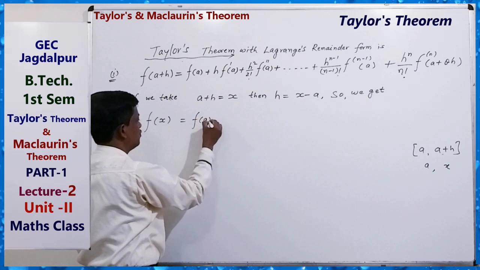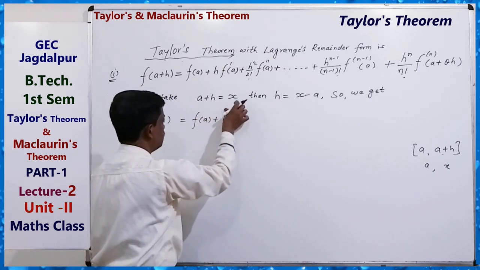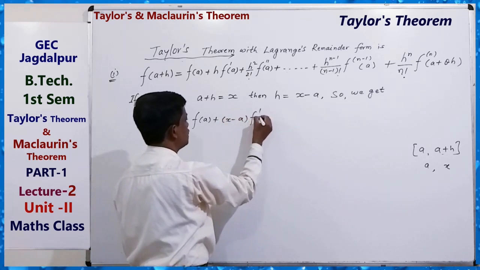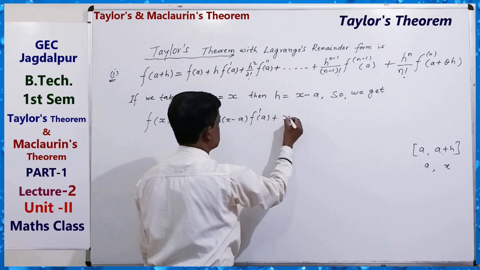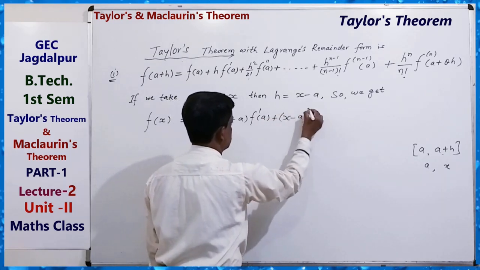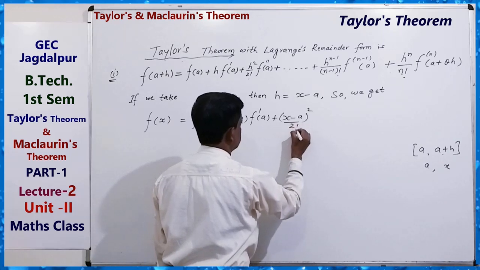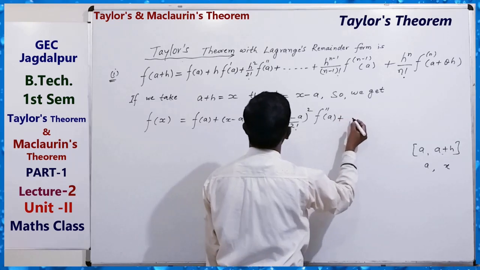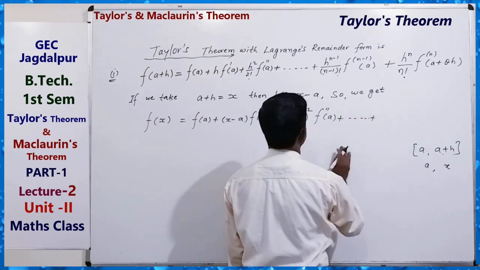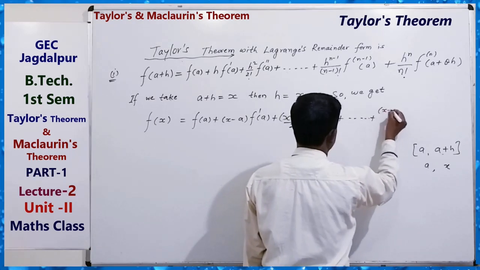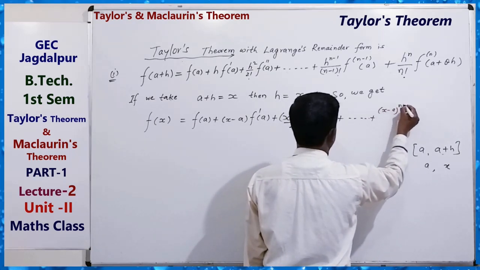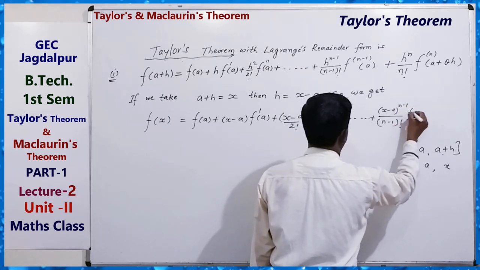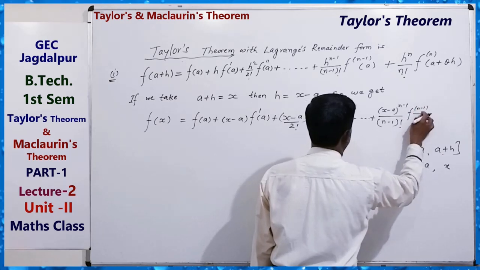So f(a plus h) means f(x) equals f(a) plus (x minus a) f dash a plus (x minus a) square by 2 factorial f double dash a plus and so on, plus (x minus a) to the n minus 1 upon n minus 1 factorial f^(n minus 1)(a).